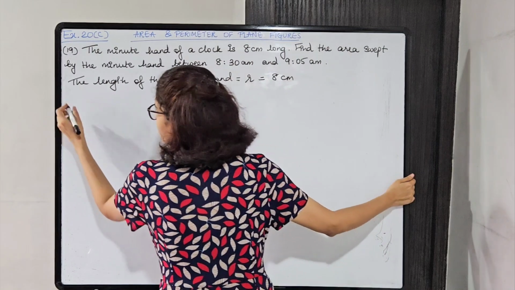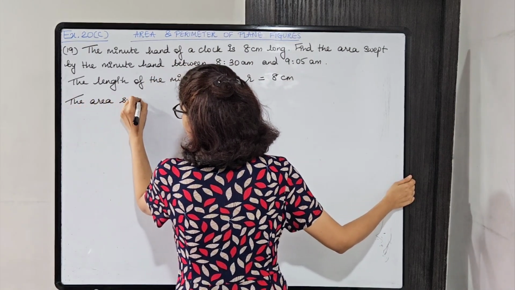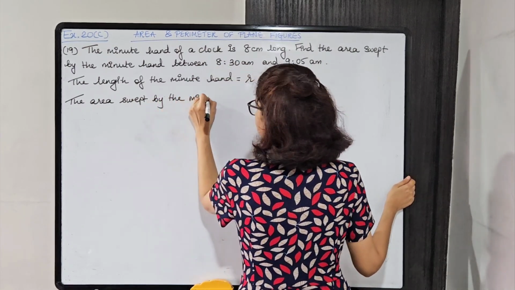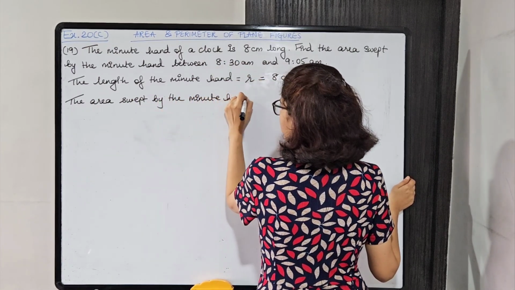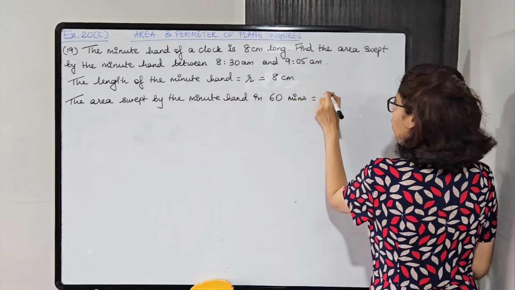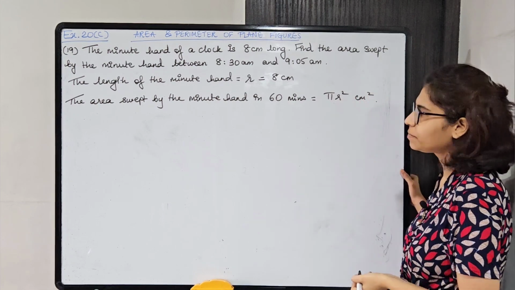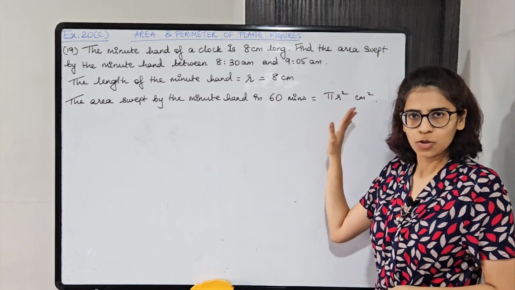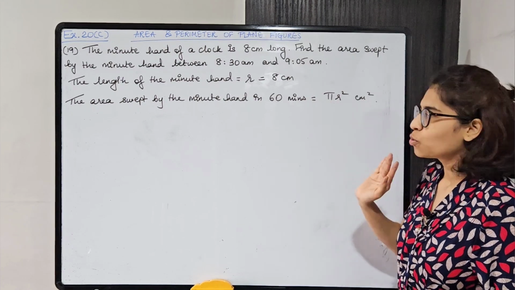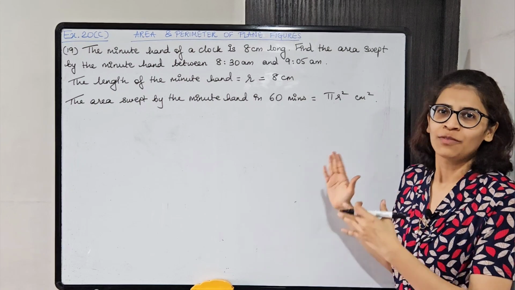So write down the area swept by the minute hand in 60 minutes will be pi r square centimeter, correct? इतना area sweep करेगा. Don't put the values now, we'll put the values later, okay? So this is the area covered. In 35 minutes, how much area will it cover?